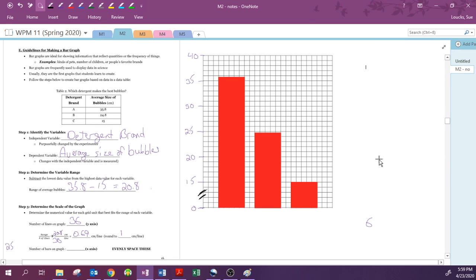And let's put our labels on. Oops, got a little bit more junk down here. Okay.